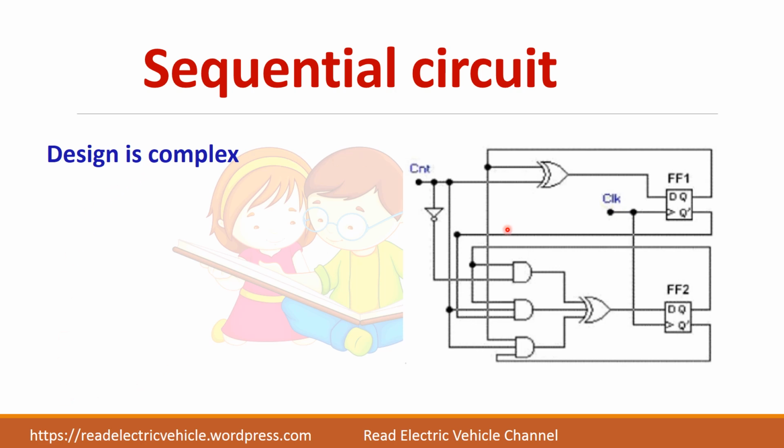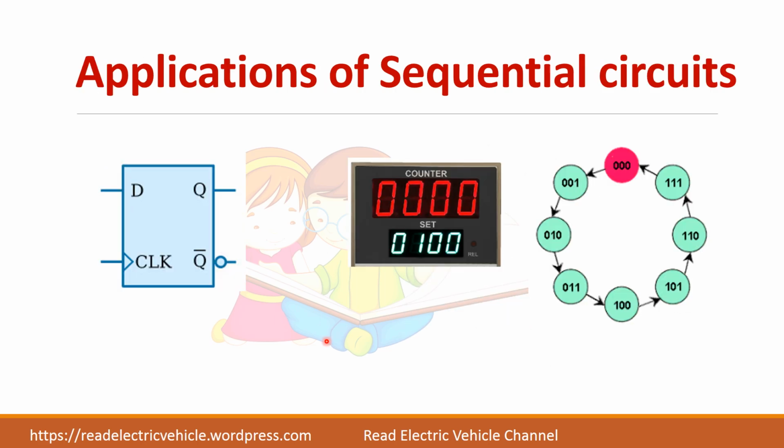Then if you see the design, it is quite complicated compared to the combinational circuit, because sometimes you may need a clock, and feedback information is always sent. Applications: flip-flops, counters, because you need the previous number. If I am counting 4, I should know that previously it was 3, so that I can output 4. So counters, registers, or all memory devices come under sequential circuit.